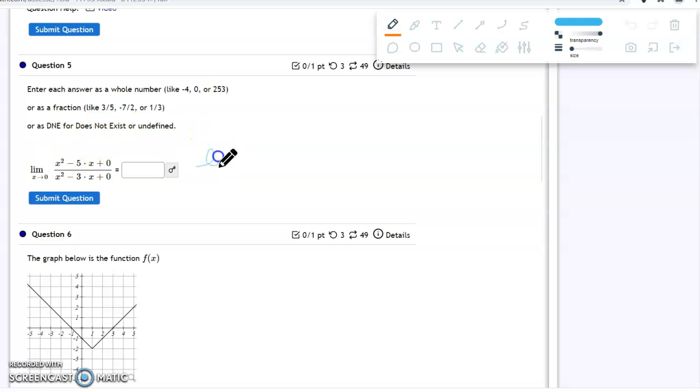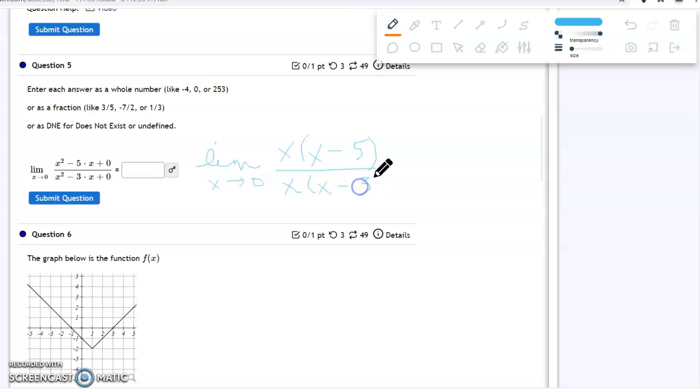So I've got the limit as x approaches 0, and factor an x out. We get x minus 5 when we factor it out. And on the bottom, I can also factor an x out, and I get x minus 3.